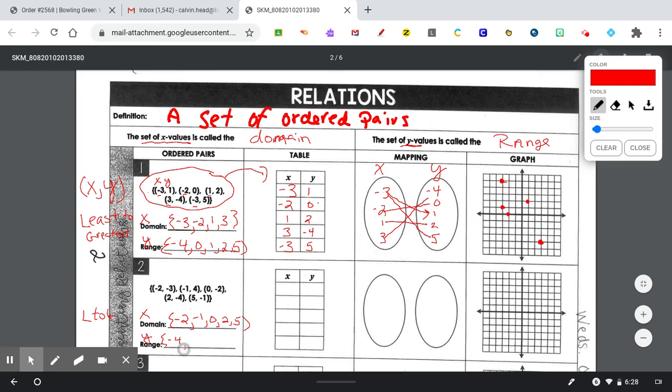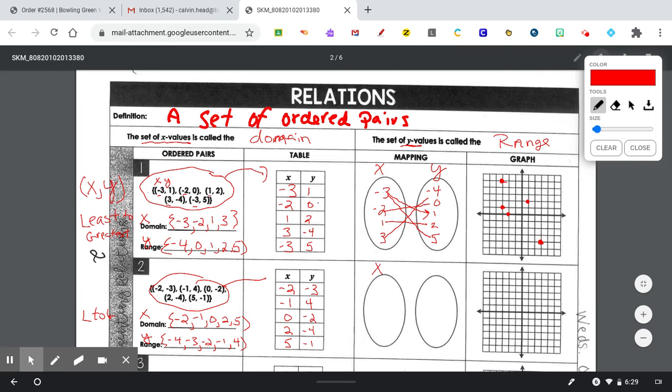So -4 is the smallest number, then -3, -2, -1, and then 4. Now I just take this and put it in here: -2, -3; -1, 4; 0, -2; 2, -4; 5, -1.